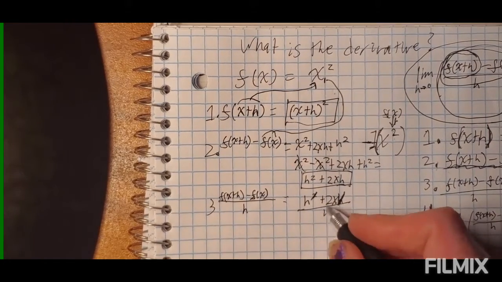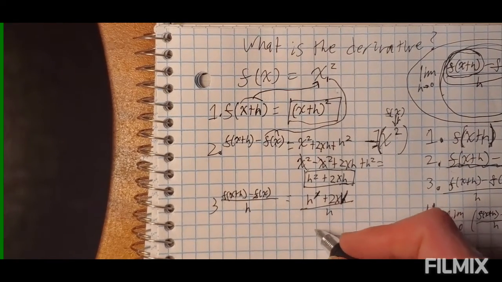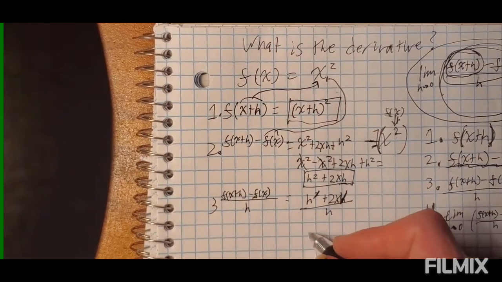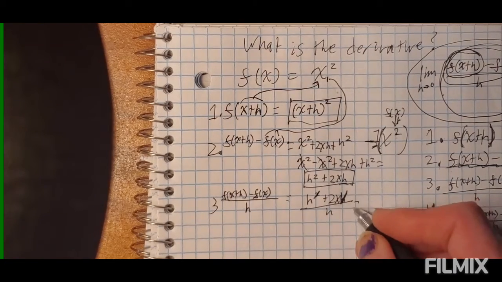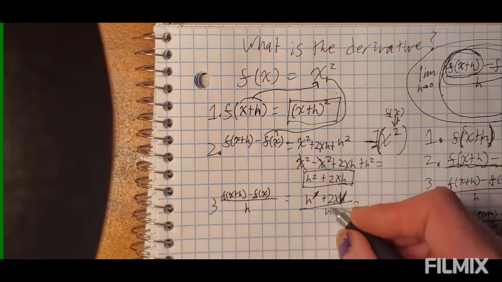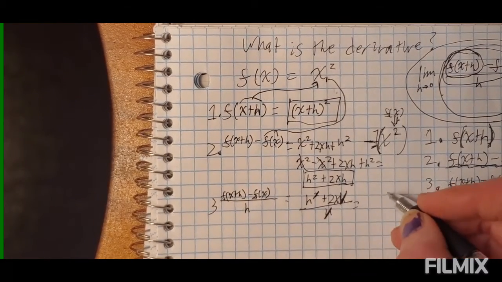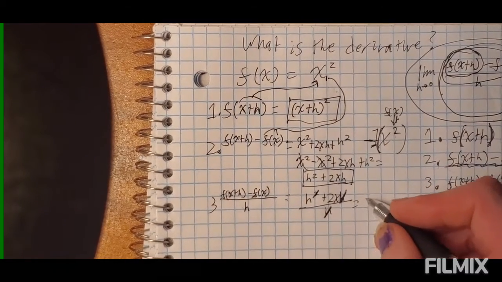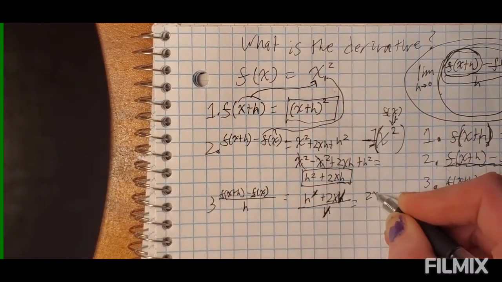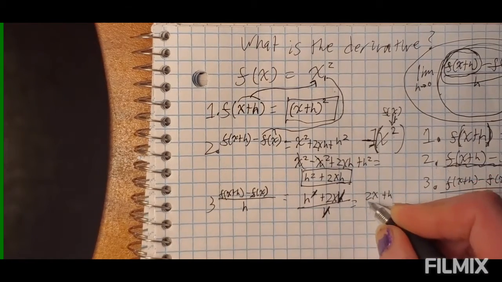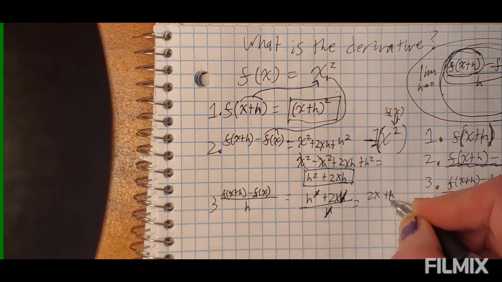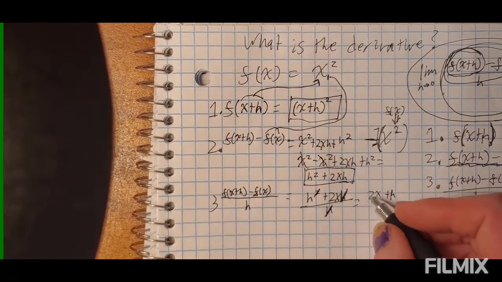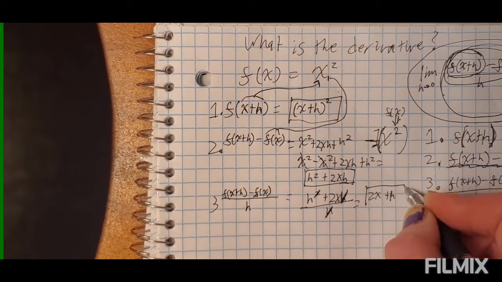I'm going to rearrange it to be in a nice form with the coefficient in front, and this cancels out, obviously, because h over h is 1. And you get 2x plus h. And that is what you're taking the limit of as h approaches 0.